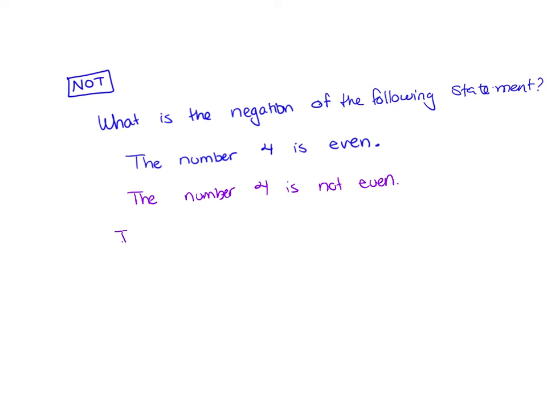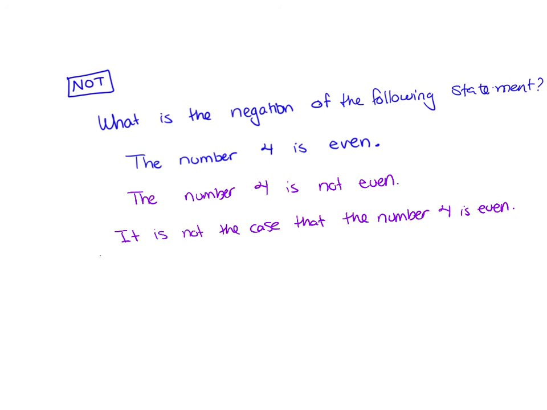I could say, really direct, it is not the case that the number 4 is even. If you're doing the lazy way to negate statements, you can often just put the words, it is not the case that, in front of them. But that's not usually the English way that we would negate it.